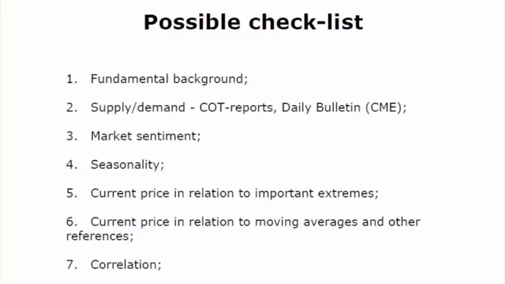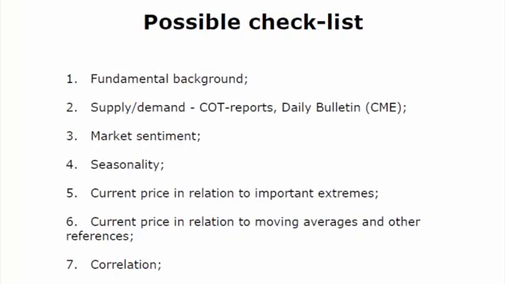And number 5 is a relationship between price and important extremes. In other words, have we seen any breakouts of important extremes recently? I mean, a week ago, 2 weeks ago, or 2 days ago? This information can be important because it is often a sign of other time frame buyers or sellers involved in the game.